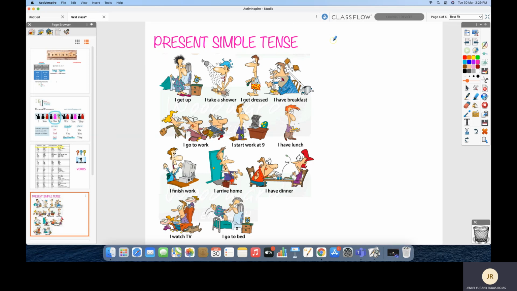Entonces, tiene muchas reglas, tiene cierta información que debemos tener en cuenta cuando vamos a usar este tiempo. If you do it, you will succeed.